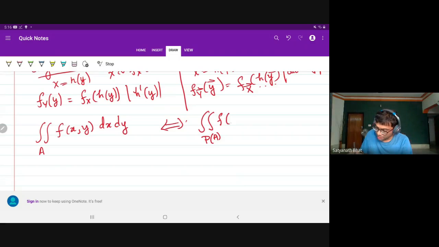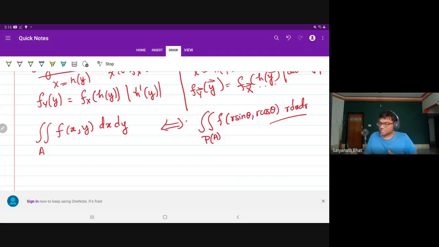Instead of x and y, I replace x with r sine theta and y with r cos theta, and then we have r d theta dr. You would have seen this kind of change in class 12.